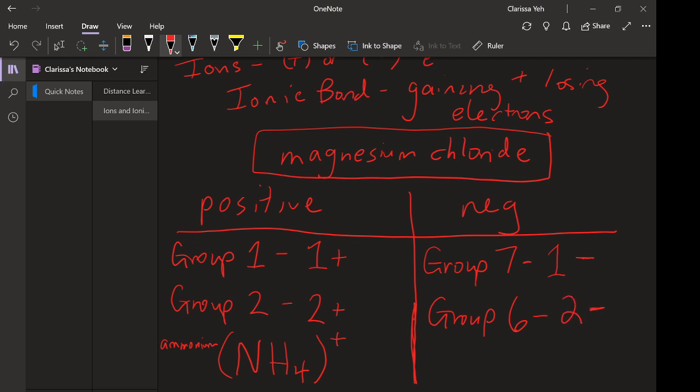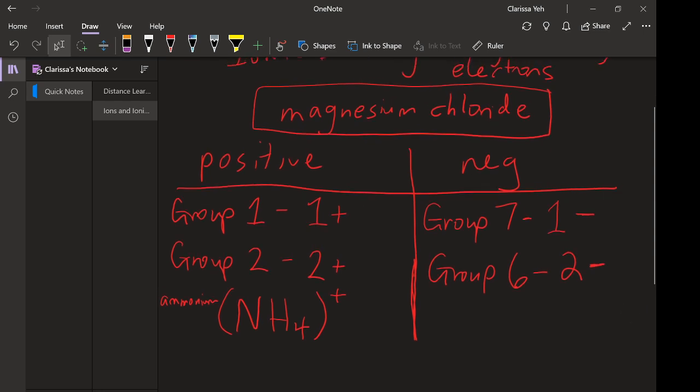And then we also have other compounds. Yes, you do need to learn the charges of the compounds. Then you have other compounds such as the sulfate, which is SO4 with a 2 negative charge. One common mistake is don't get that confused with sulfide, which is just sulfur.